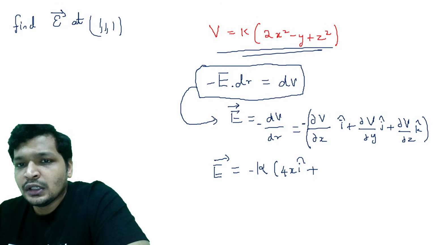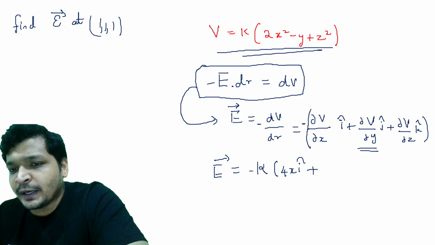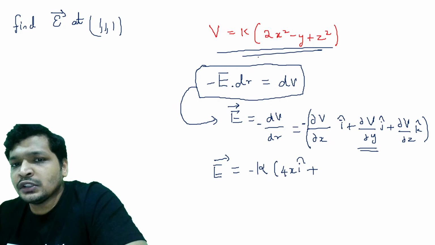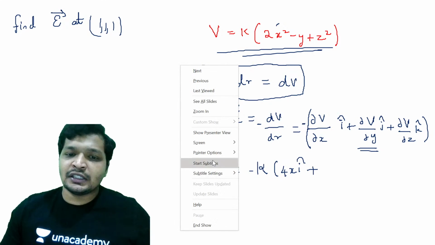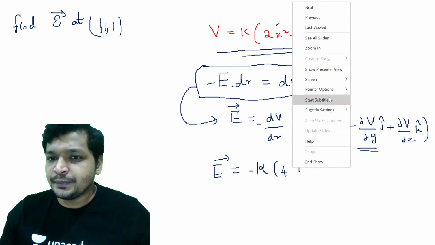Plus, then we have partial differentiation with respect to y. The other terms would be 0, we would only have minus y partially differentiated with respect to y left over. How much does it give you? Just minus 1.